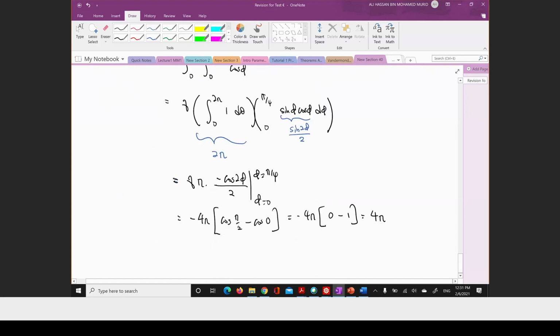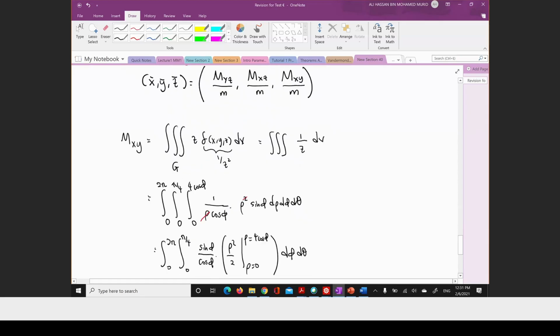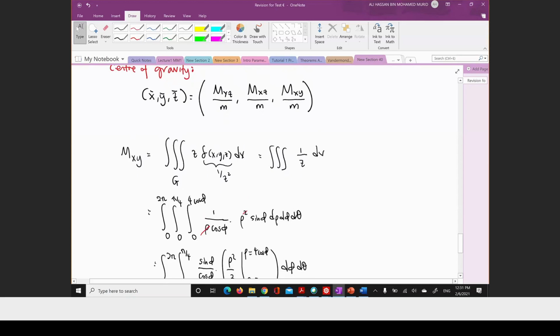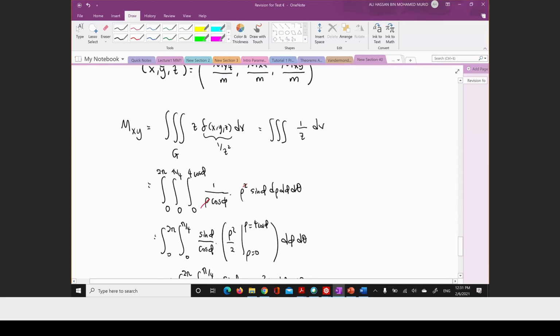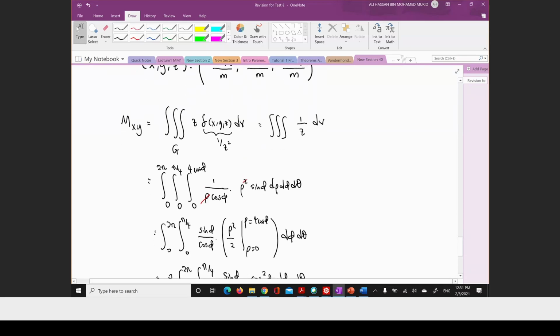Should be inside the sphere. 1 over z, yeah, that is correct. 1 over z squared. It's 1 over z.